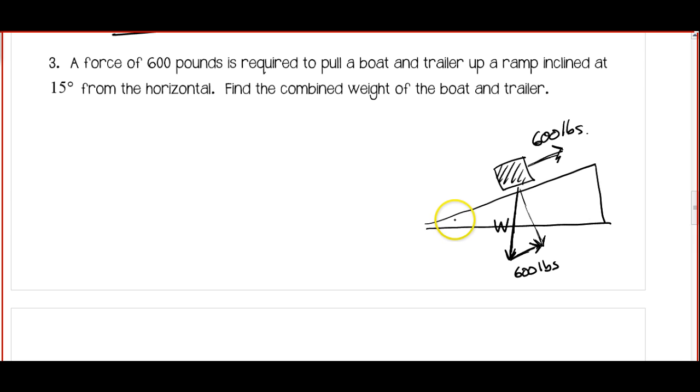We know that the ramp is 15 degrees. And if you notice, I have a big right triangle here. I also have a little right triangle here. And since these two right triangles are going to be similar, I know that this angle here is also going to be 15 degrees. Alright, so I have a little right triangle in here with an opposite side of 600 and a hypotenuse W that I want to find, and I can simply use right triangle trig to find that hypotenuse, which is the weight of the boat and the trailer.